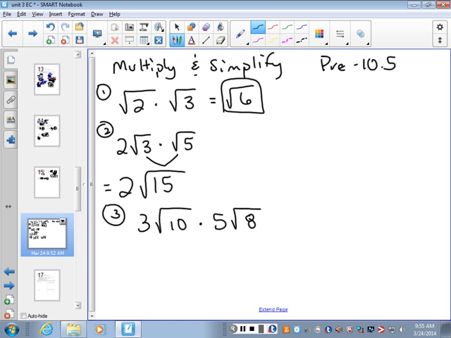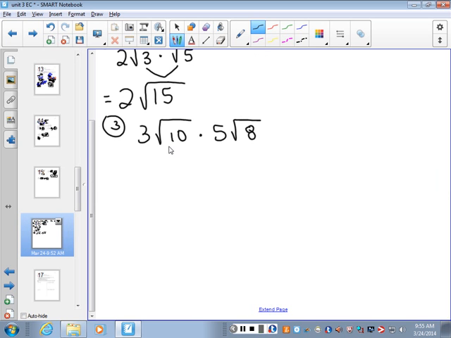What do you say, Shakira? Outside numbers, absolutely. If they don't have a radical, everything here is multiplied. So this problem to us looks like this times this. In reality, this is 3 times the square root of 10 times 5 times the square root of 8. Nothing is tied together there.